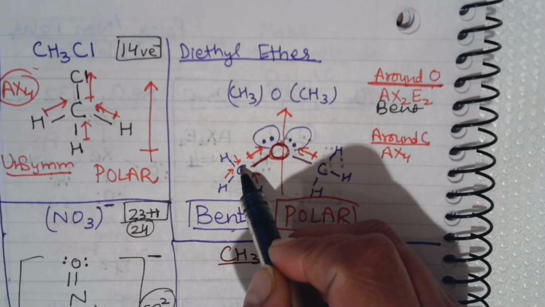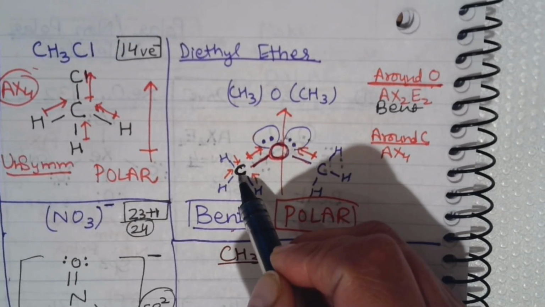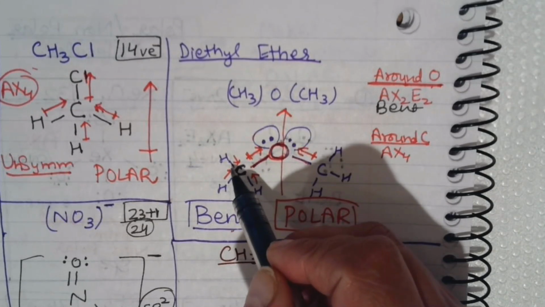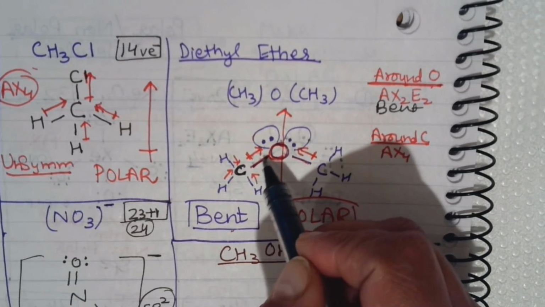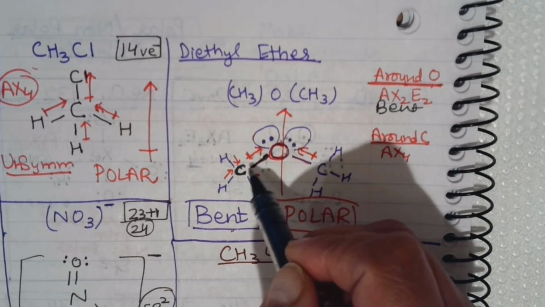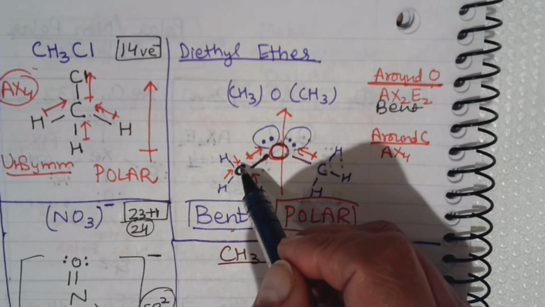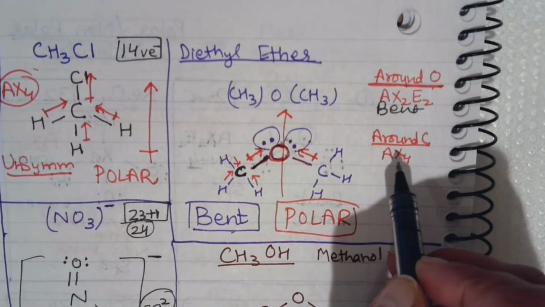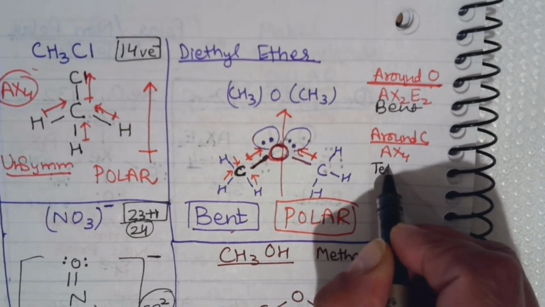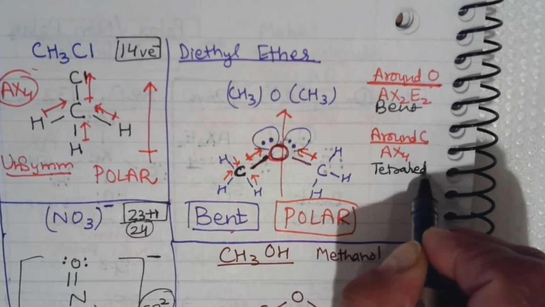And if you look at the carbon atom, carbon is bonded to 4 different atoms: 3 hydrogens and 1 oxygen, right? Like this. Around carbon, there's no lone pair, so the AXE formula is AX4. So it is tetrahedral around each carbon.